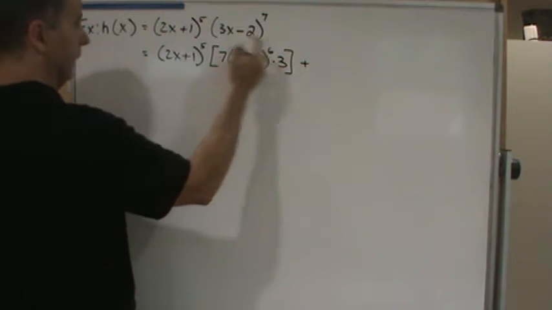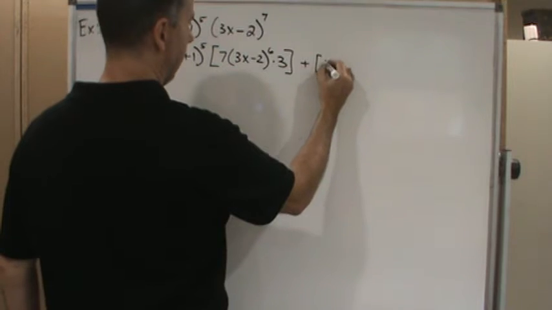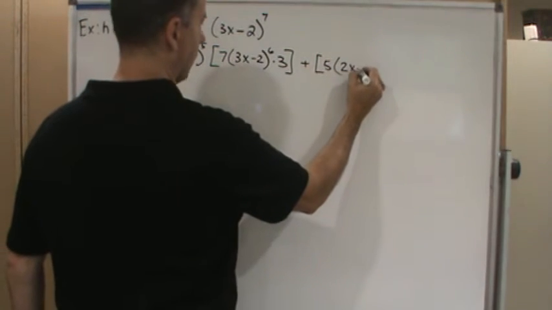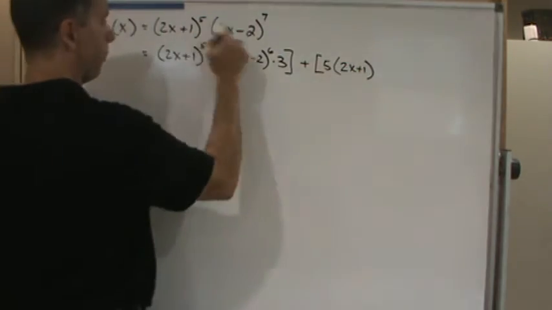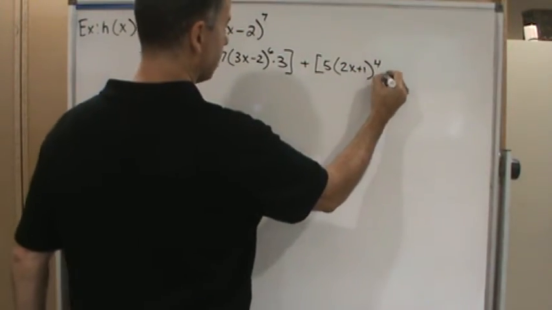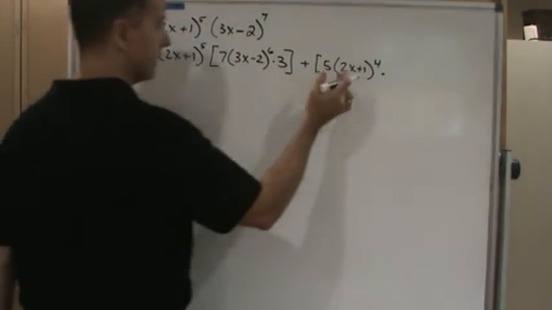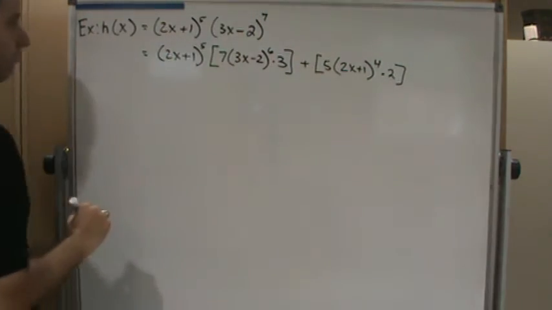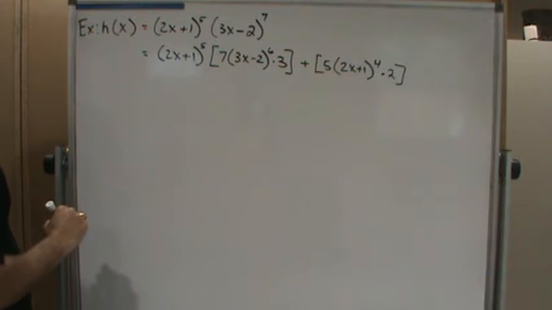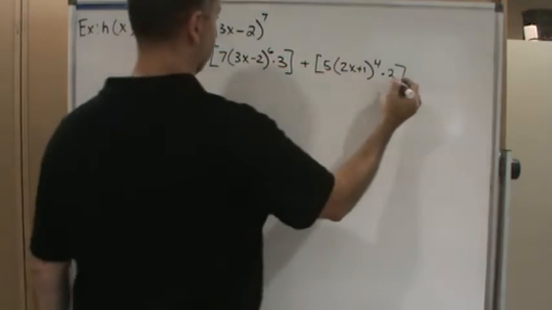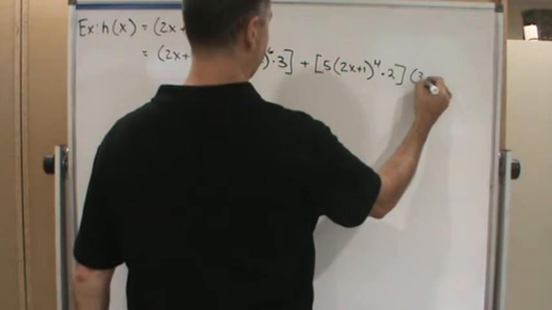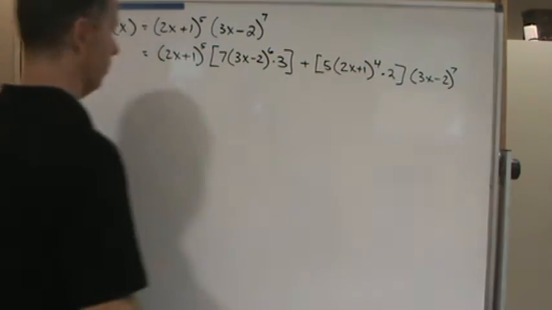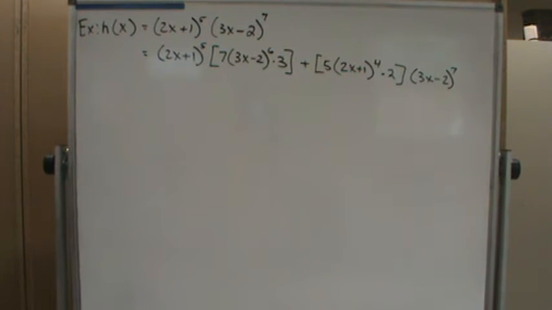So that's going to be 5 times (2x + 1) to the 4th power, now times the derivative of the inside function, which is 2, times the second, which is going to be (3x - 2) raised to the 7th power.